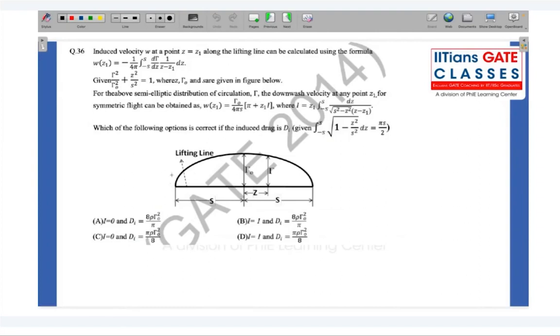so they have a symmetric elliptical distribution, which we've already studied from Prandtl's lifting line theory. And they're telling us that the downward velocity at any point z1 from the origin can be written as gamma naught by 4 pi S into pi plus z1 into I. All right.